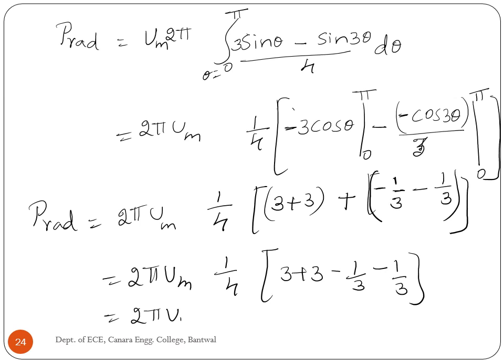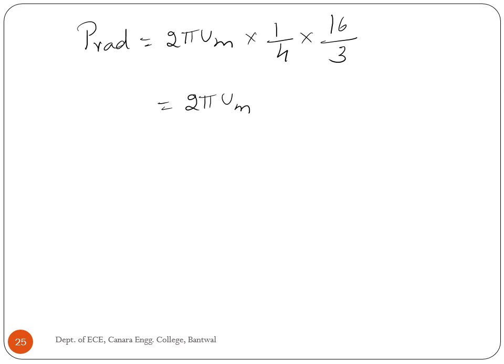So 2 pi Um times 1 by 4 and the remainder is 16 by 3. Radiated power is equal to 2 pi Um into 1 by 4 into 16 by 3. So 2 pi Um times 4 by 3 is equal to 8 by 3 pi Um, that is the radiated power.